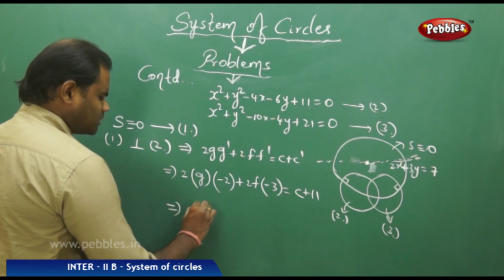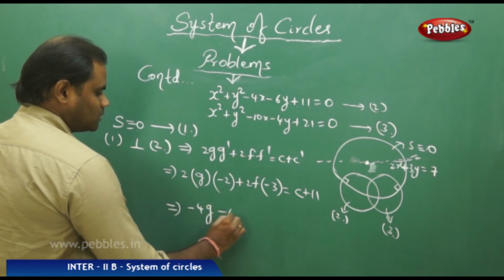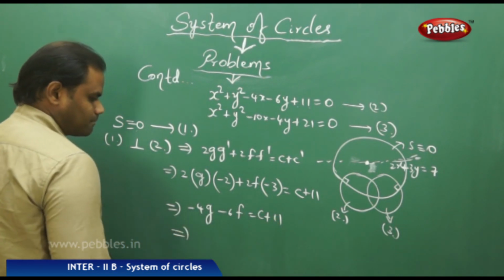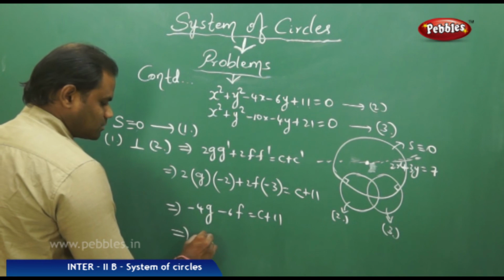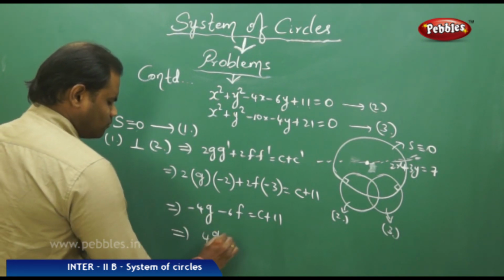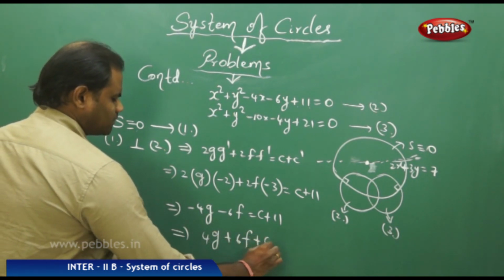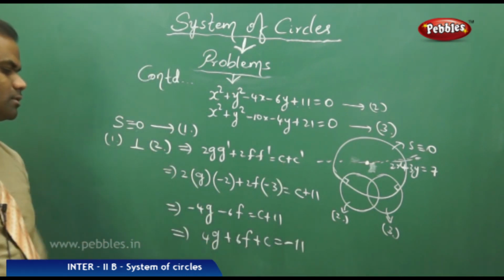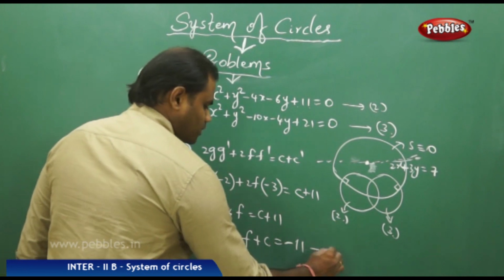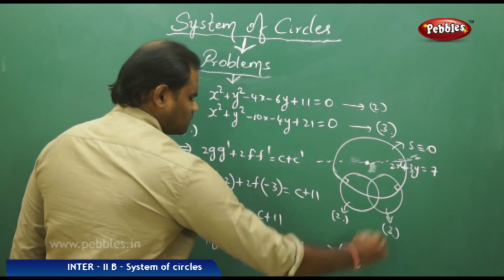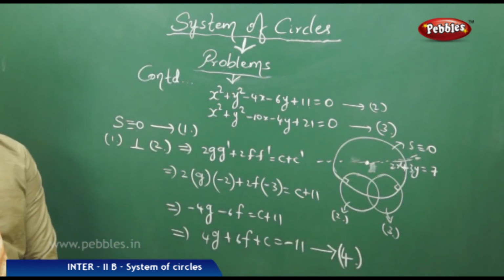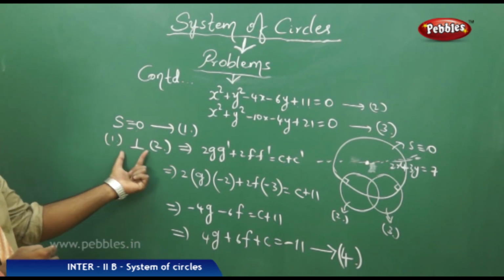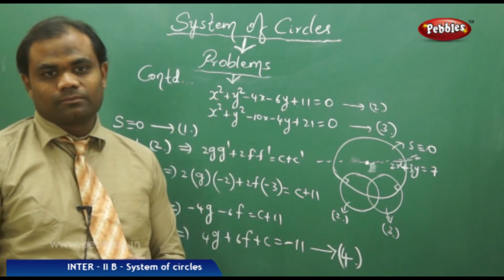This on simplification gives minus 4g minus 6f is c plus 11. This on simplification gives me 4g plus 6f plus c is negative 11. So this is equation 4.